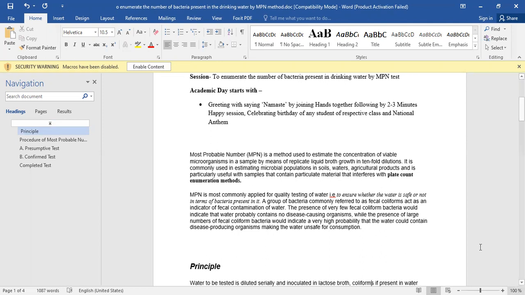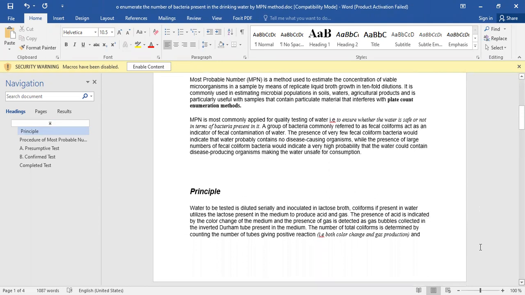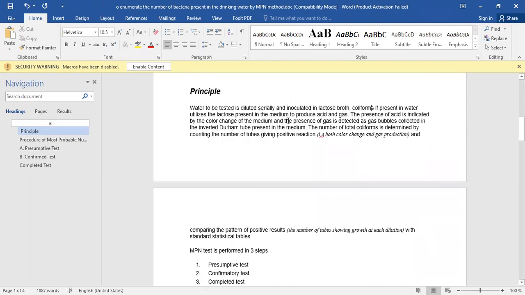So, what is the principle of this method? Water to be tested is diluted serially and inoculated in lactose broth. Coliforms present in water utilize the lactose in the medium to produce acid and gas.